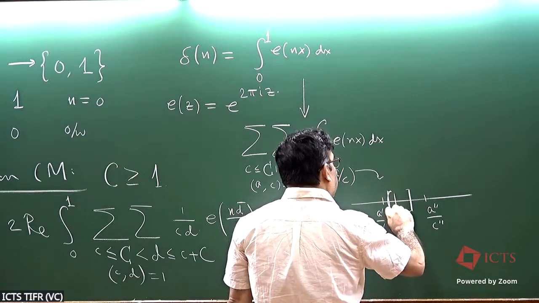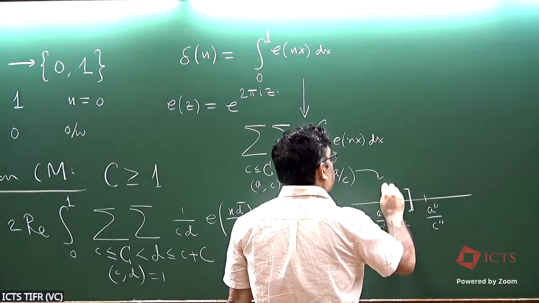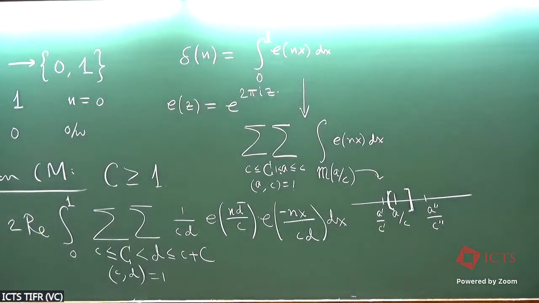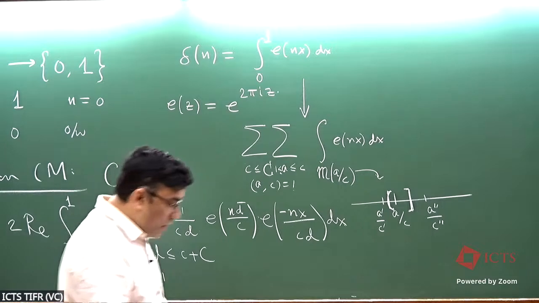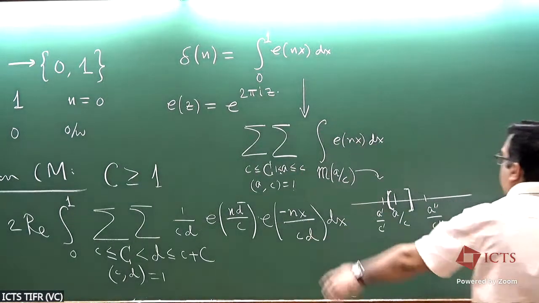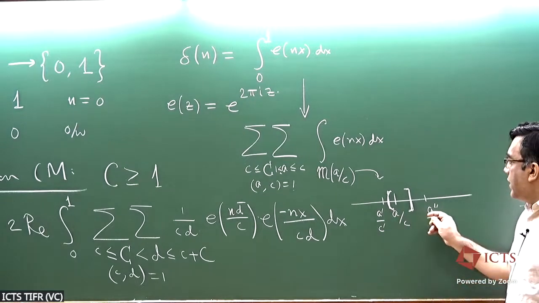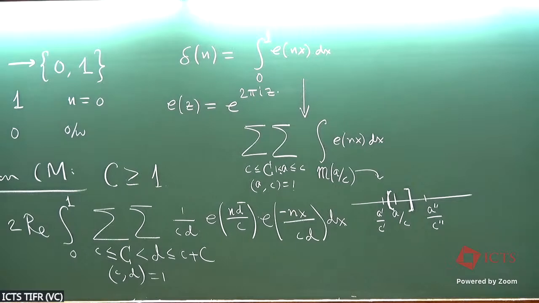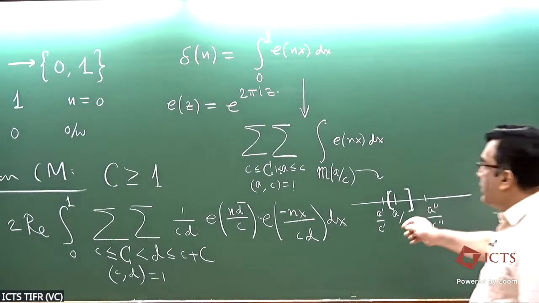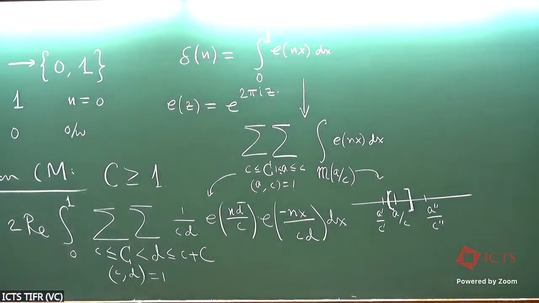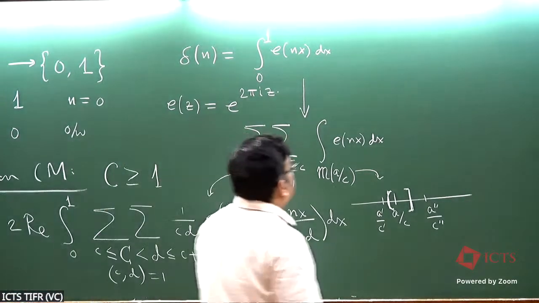You can take this side open if you want. Then you do some change of variable, and you have to use some arithmetic information about a' and a'' to see that this will reduce to something like this. I'm not going into details, but I think you'll see it in some other lecture.